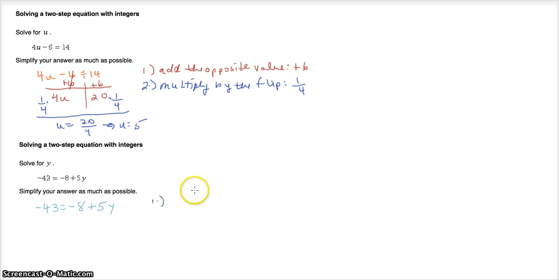It's a two-step problem still. We're going to add the opposite value, which in this case is we're going to just be adding 8, so we're going to add 8 to both sides.